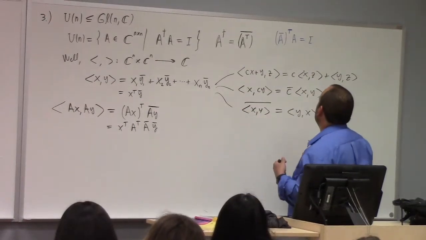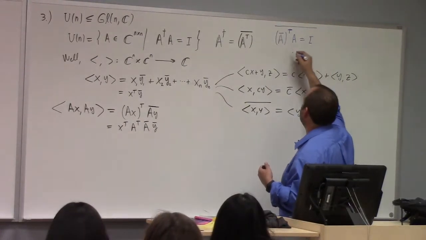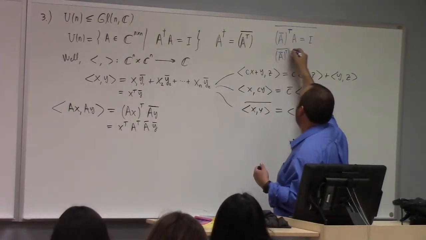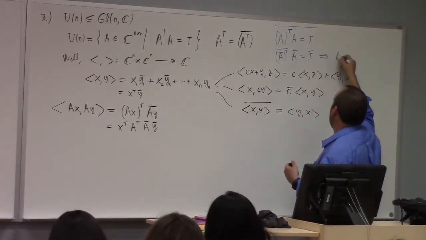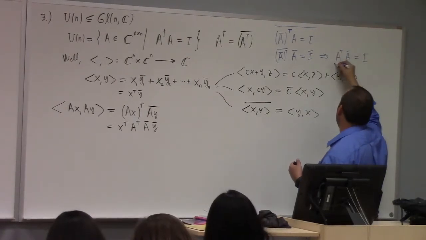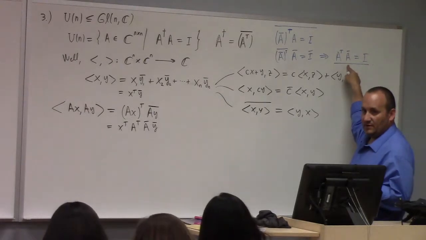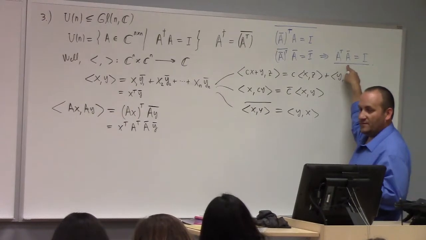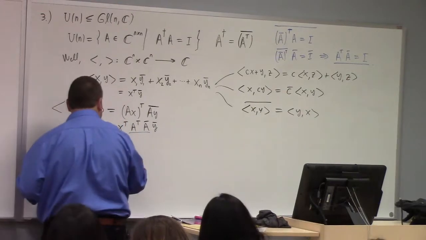If I take the complex conjugate of this whole thing, I get A bar transpose bar times A bar equals I bar, which tells me that A transpose A bar equals I. Yay! So this is an alternative definition for a unitary matrix, which I'm not fond of, except for the purposes of this proof, because that is the identity.